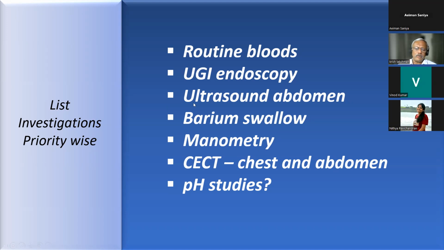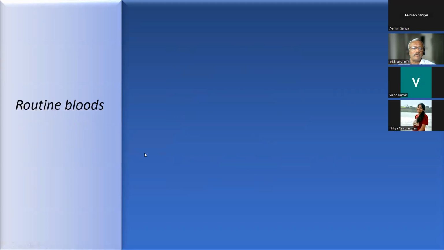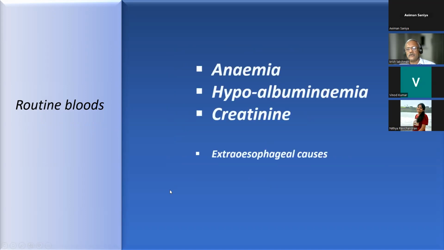Now we'll need to go one by one and see what we are looking for when I do all this. We must know how it is done and what we are looking for. So in routine bloods, what would you be looking for? Sir, Hb levels and LFT. Okay. Albumin levels. Very good. With dehydration, creatinine there.